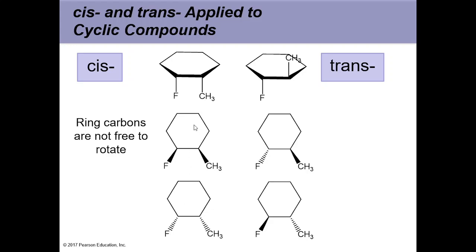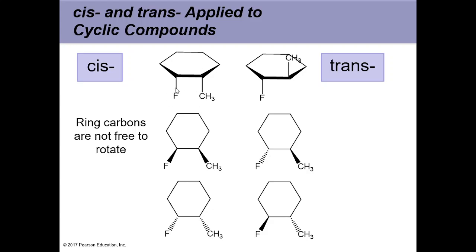Now, if we take a side view of this ring, a cis stereoisomer of this molecule would be viewed like this. The cyclohexane ring is being viewed from the side. So you can see half this ring is pointing towards you, whereas the other half of the ring is kind of away from you.